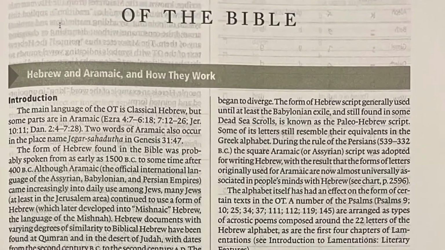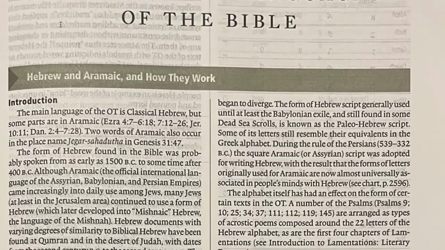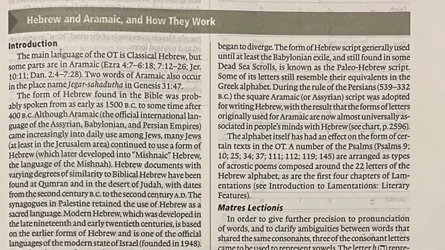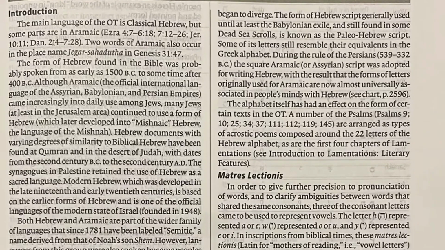All right. So the original languages of the Bible: Hebrew and Aramaic, and how they work. Introduction. The main language of the Old Testament is classical Hebrew, but some parts are in Aramaic. Ezra chapter 4, verse 7 to chapter 6, verse 18, and then chapter 7, verse 12 to verse 26.